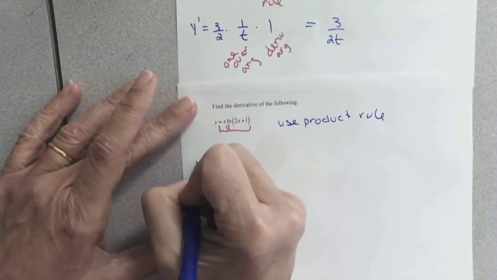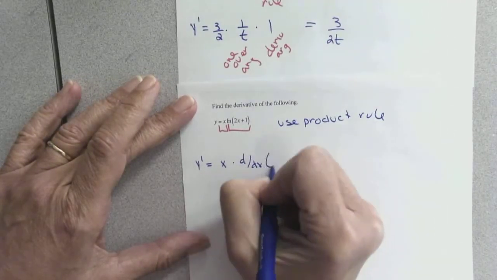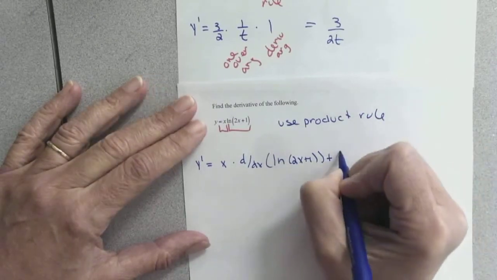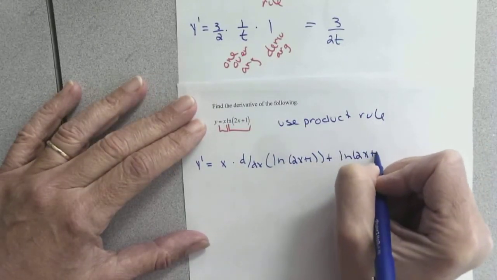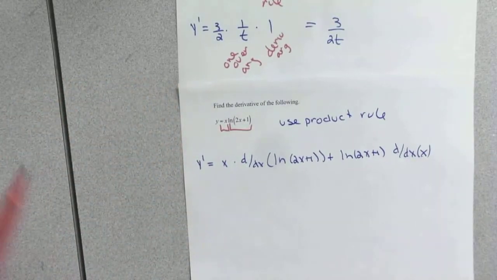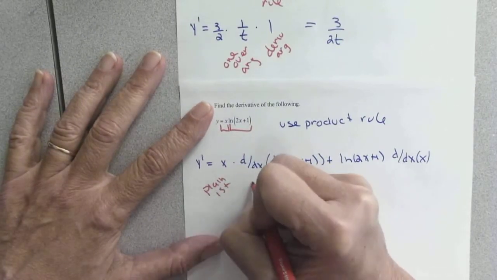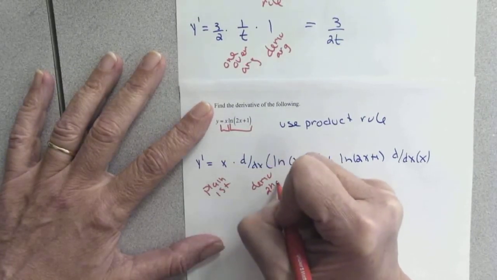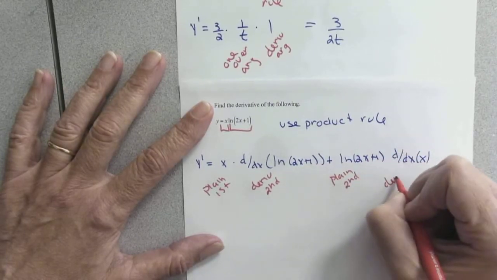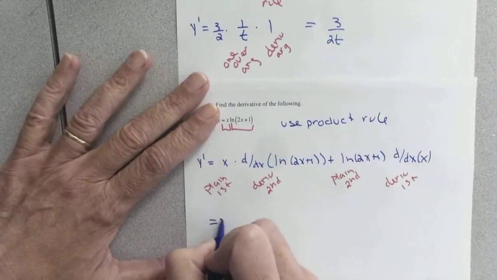So doing a product rule, plane first, derivative of the second, plus plane second, derivative of the first. Product rule. Plane first, derivative second, plane second, derivative first. And you certainly don't have to show that step.